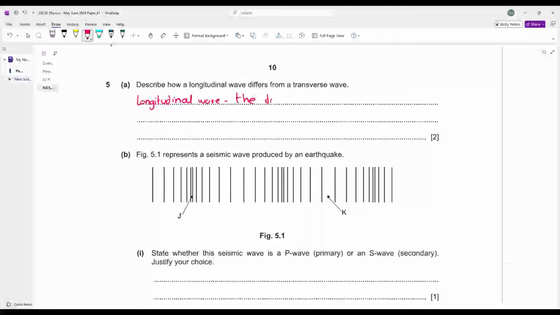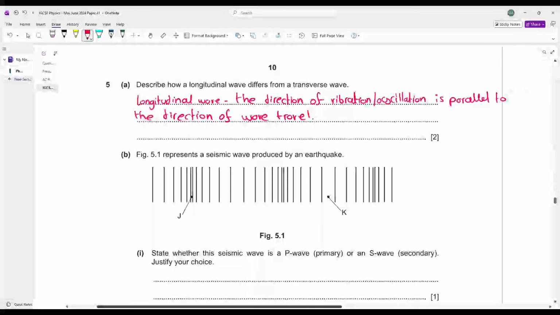The direction of vibration या oscillation is parallel to the direction of wave travel.